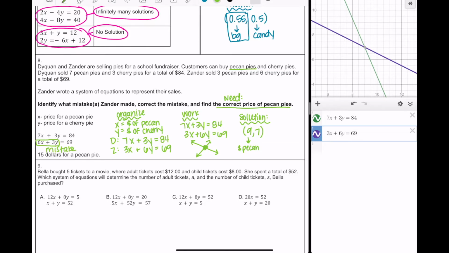He got his x and y mixed up. 3 pecan pies would be 3x, and 6 cherry pies would be 6y. So that was one mistake he made. And the correct price of pecan pies is actually $9.